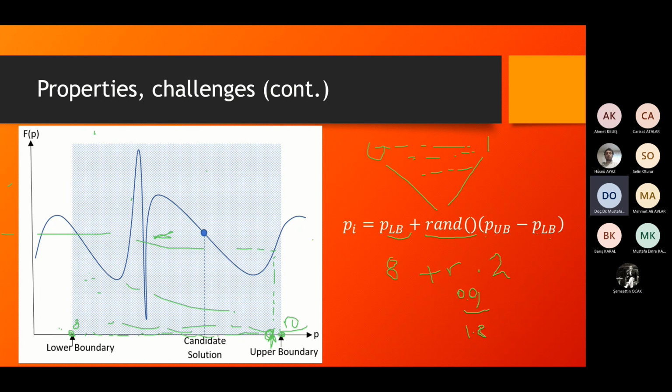So this formula is used to create a random solution within the upper boundary and lower boundary with randomness, and that random function produces numbers between 0 and 1 inclusive.